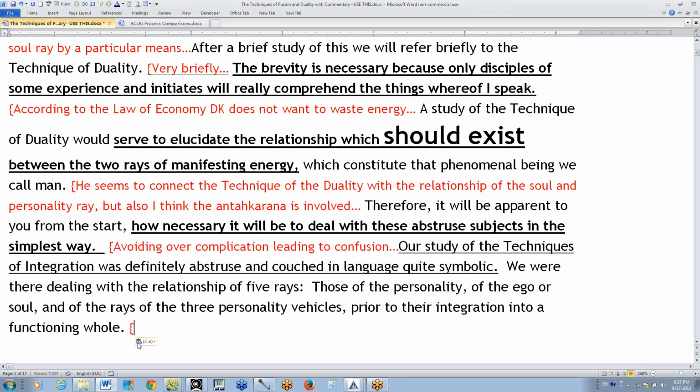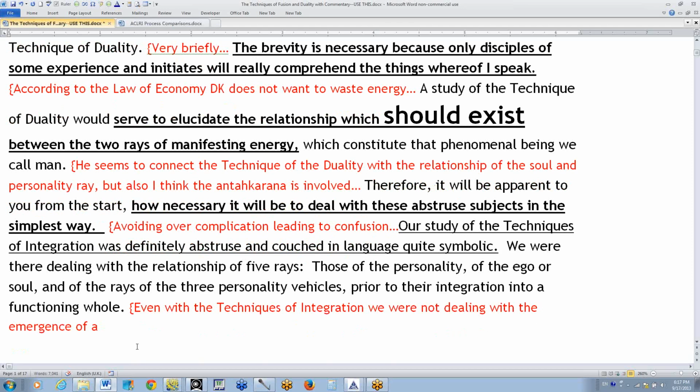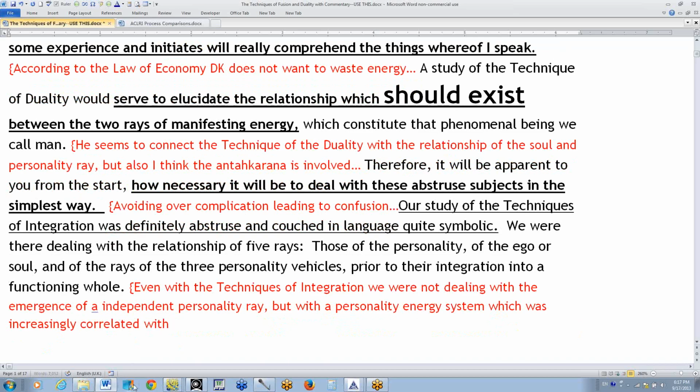Well, again, even with the techniques of integration, we were not dealing with the emergence of an independent personality ray, but with a personality energy system which was increasingly correlated with the soul's energy system.